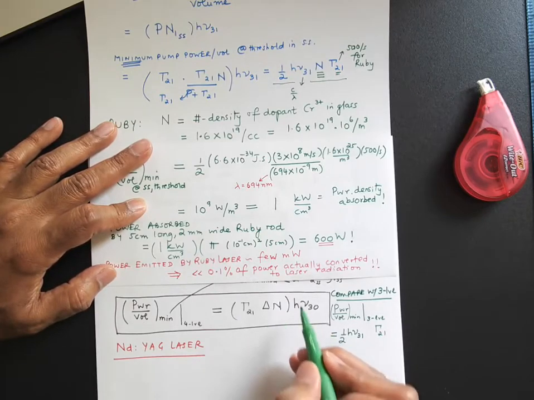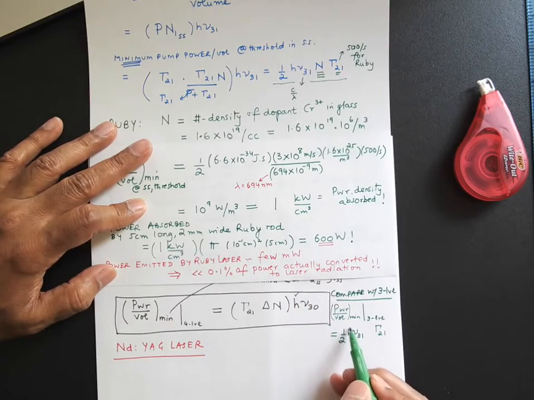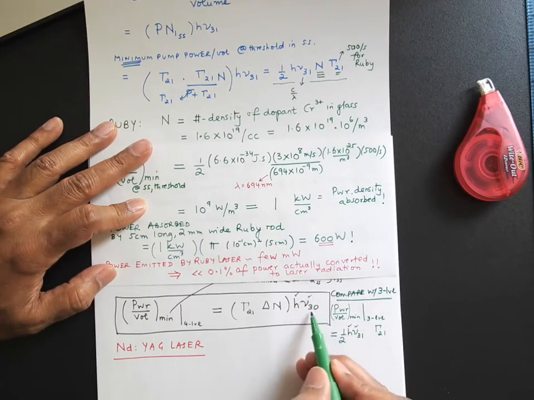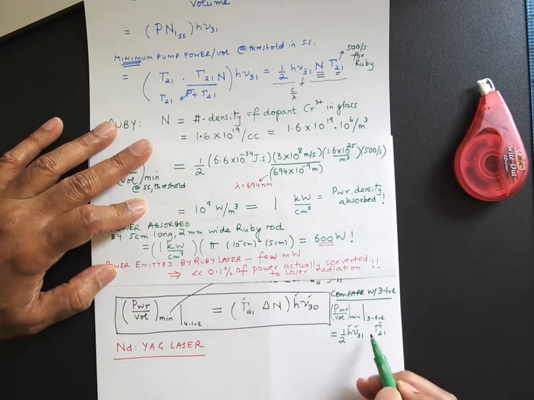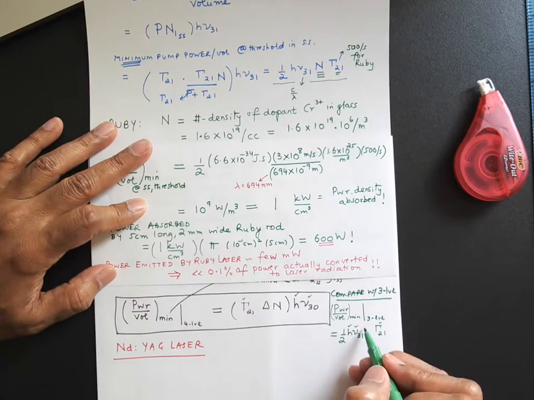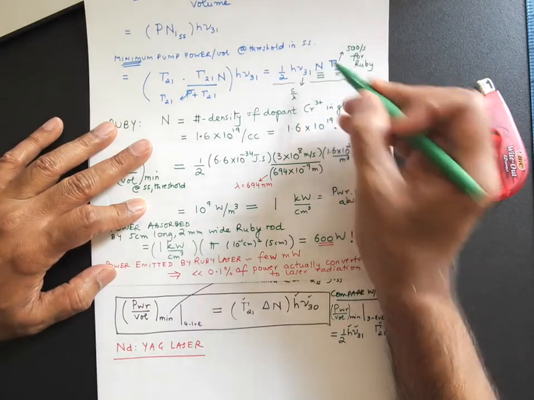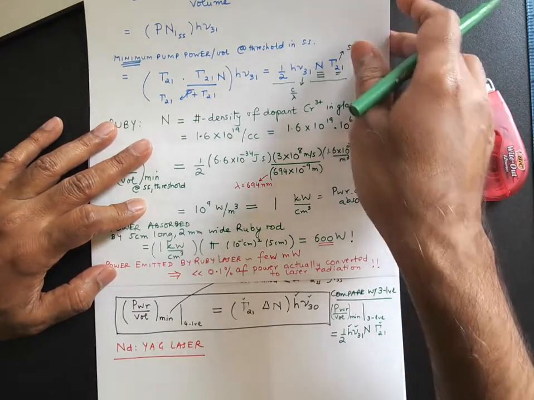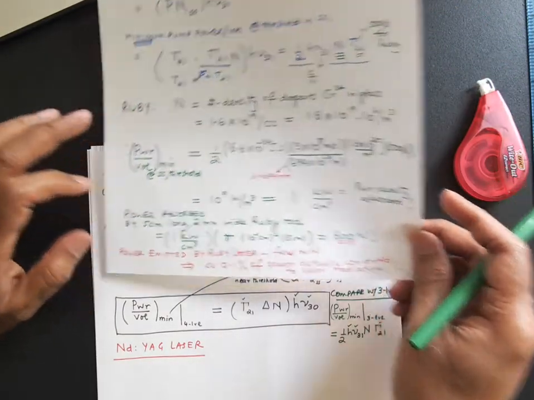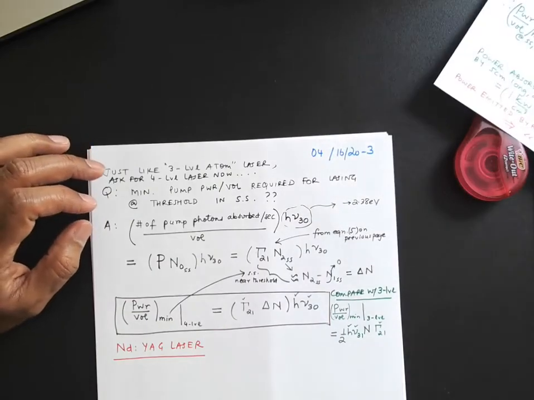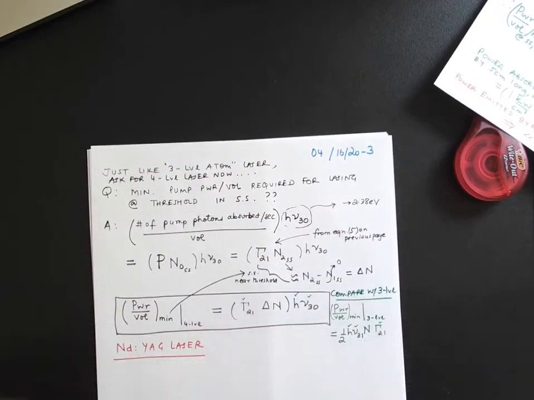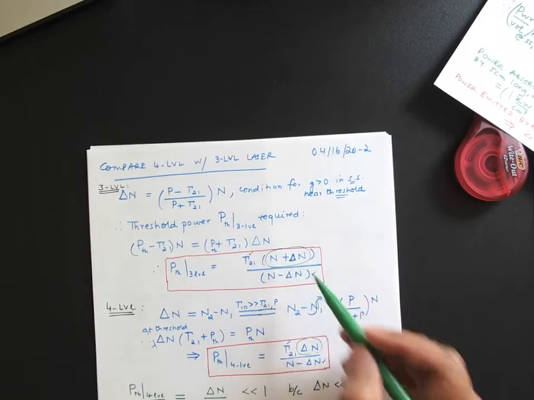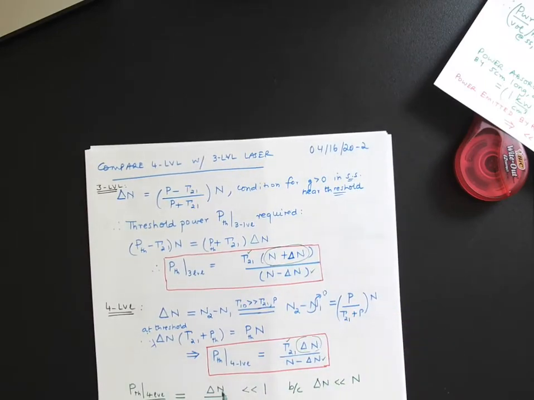There's an H, a nu 3,1, or in this case 3,0, and a gamma 2,1. But then, instead of the delta N, you actually had an N here. And that's the difference, as I commented in the previous slide. It's the N versus the delta N, and that's where the whole difference arises.